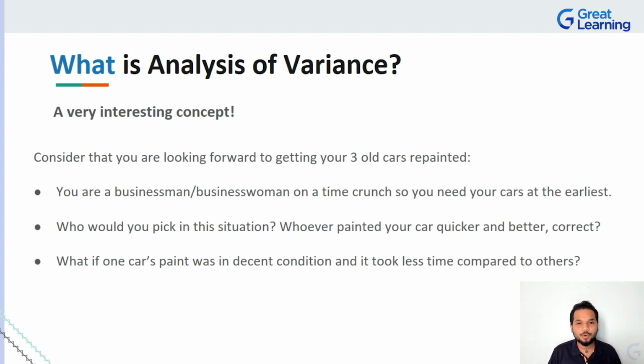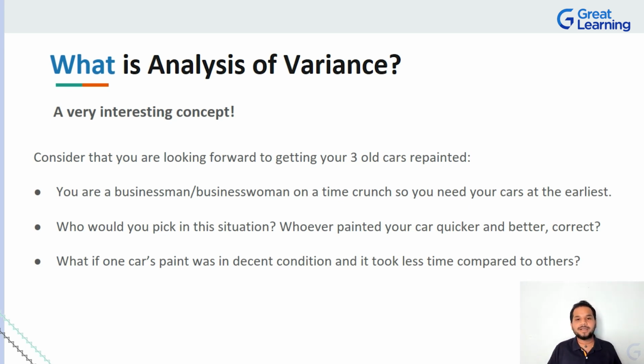It has never seen water. It has never been cleaned basically. So that car will take a lot more amount of time and work to actually bring it back to its original glory. Now, here is where the question lies. One of these painters would have taken less time to probably do the same job, but another painter would have to take more time, because at the end of the day, his or her car might require a lot more work.